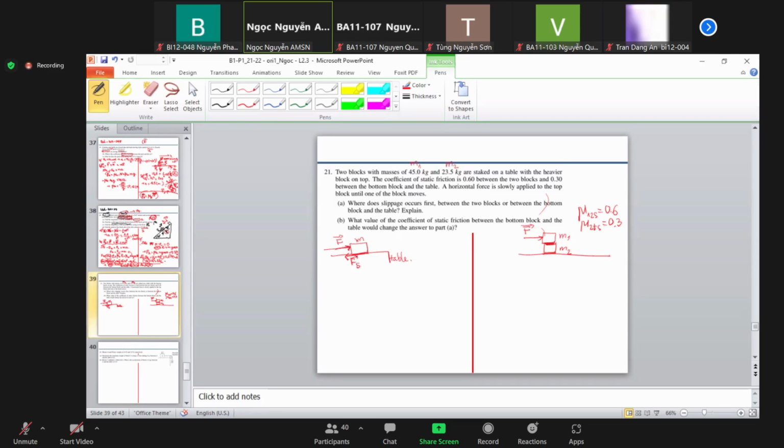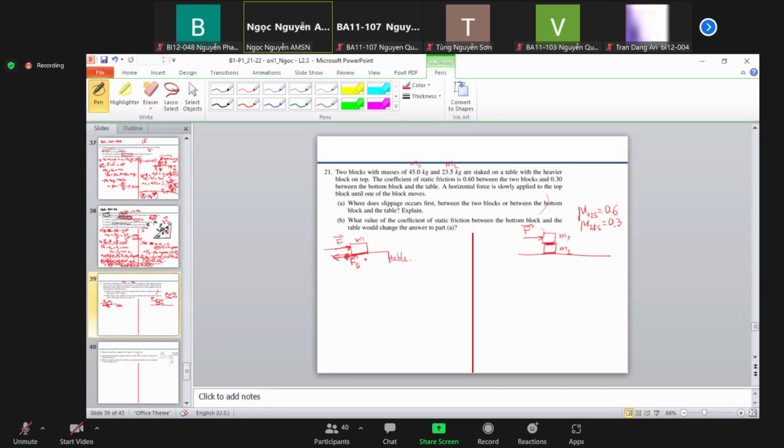It means the friction force here will be increased too, right? Is it right or not? Here is a question. You learned this from your previous teacher, so answer my question.